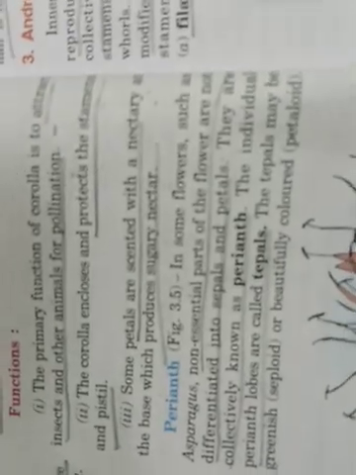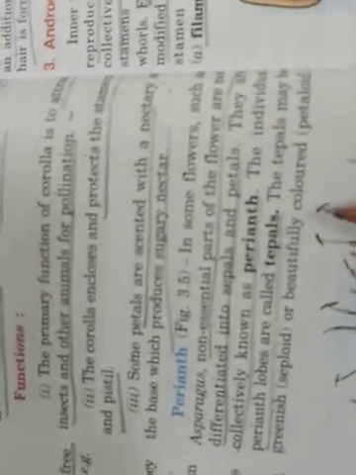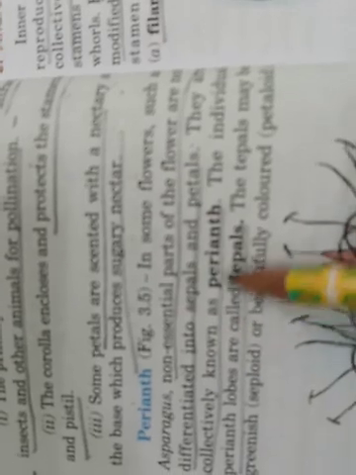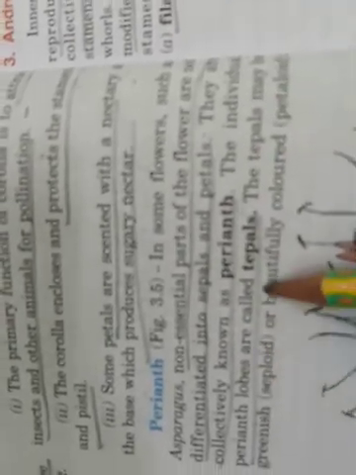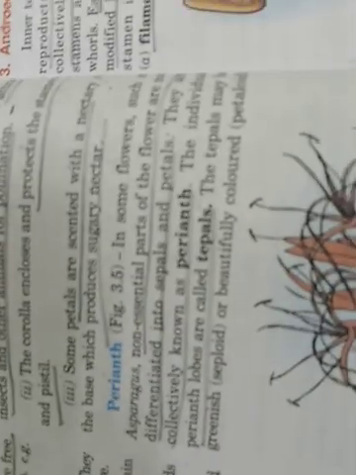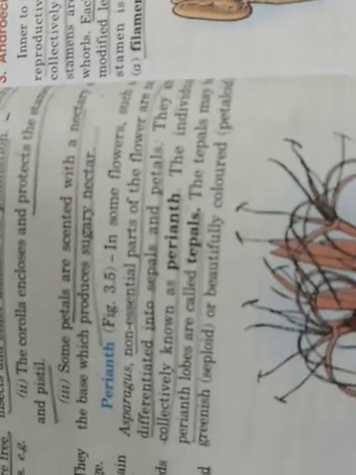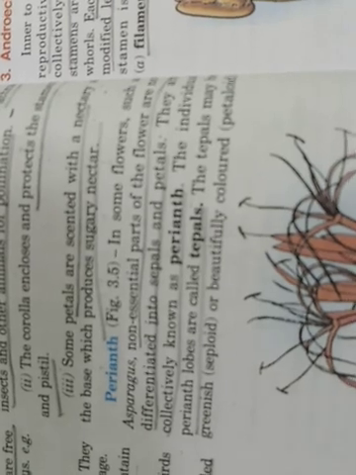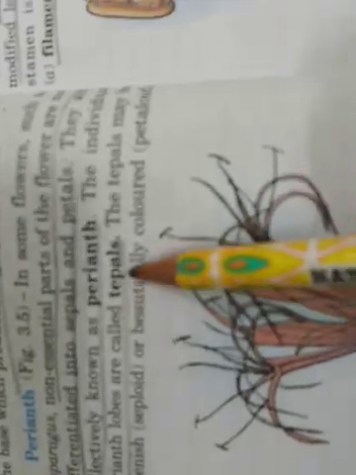When they are not differentiated, they are collectively known as the perianth. The individual perianth lobes are called tepals.